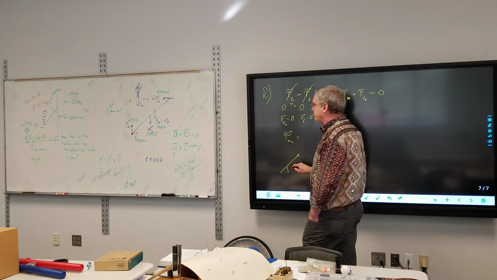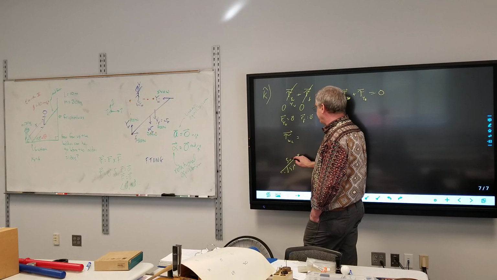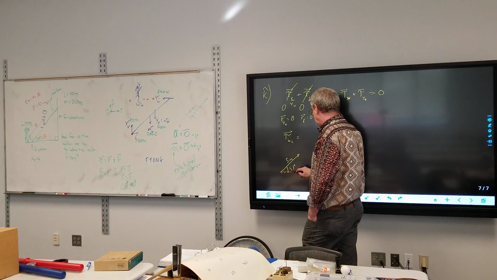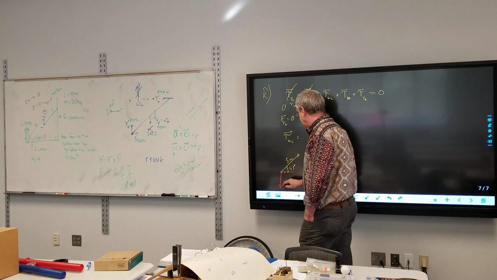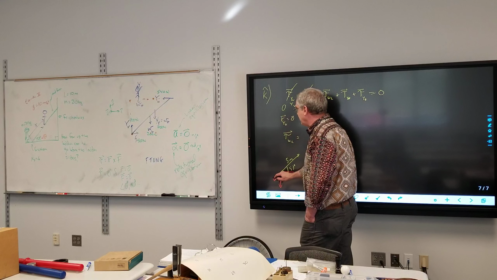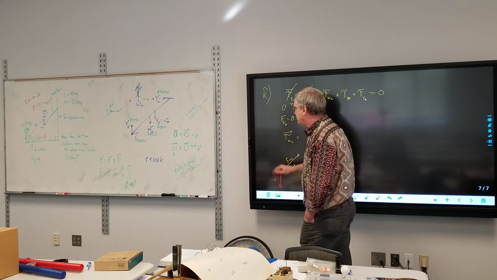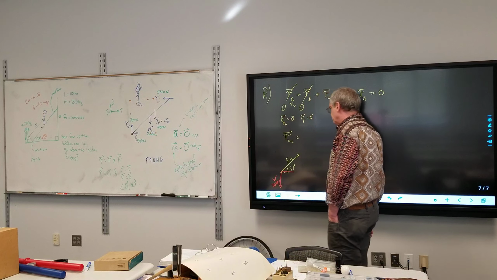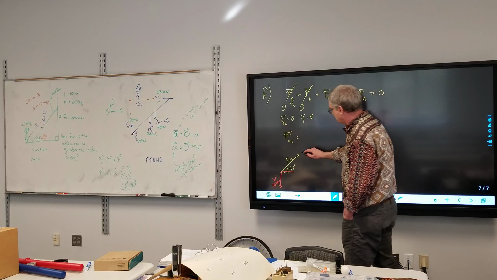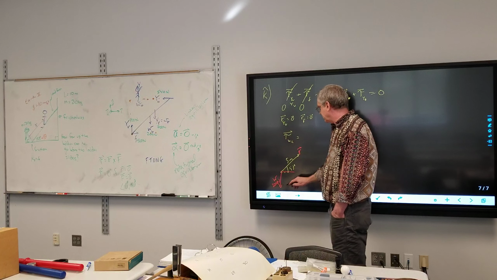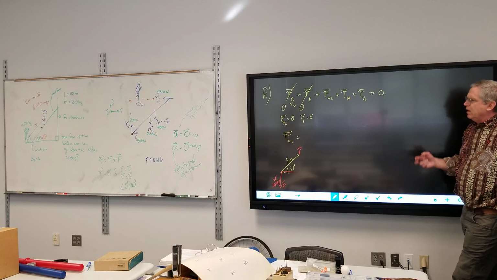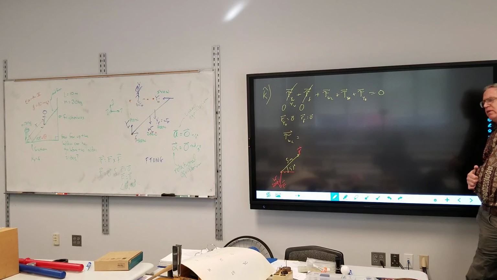This is a 53-degree angle. That would be a length of 5 meters. And my W is pointing straight down, and that is 200 newtons, straight down. So that's my R and my F. It says positive torque or negative torque.